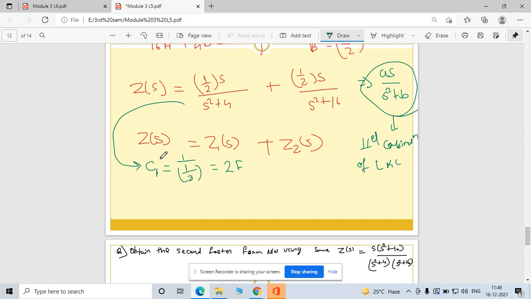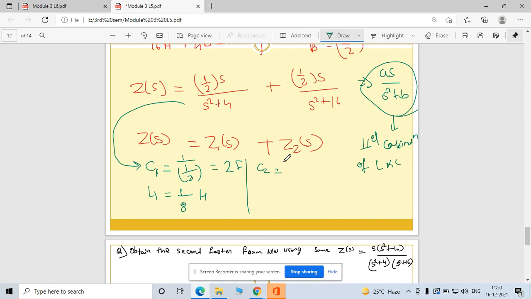And what is the L1 value here? L1 is a by b. Here a is 1 by 2 and b is 4. So 1 by 2 into 4 is 1 by 8 Henry. So this is your C1 and L1, and C2 and L2.